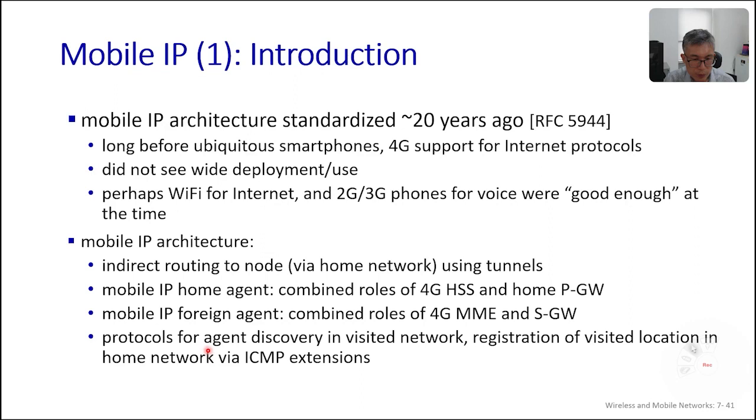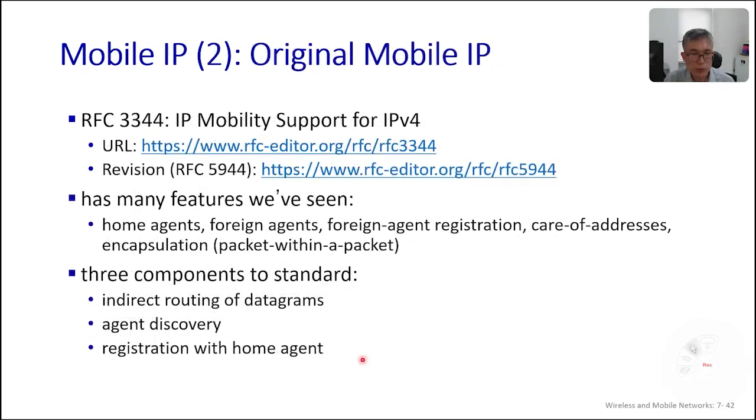Protocols for agent discovery in the visited network and registration of the visitor's location in the home network use ICMP, Internet Control Message Protocol, extensions. Mobile IP was originally RFC 3344, IP mobility support for IP version 4. You can click this link to get RFC 3344. This was revised to RFC 5944 with some updates.